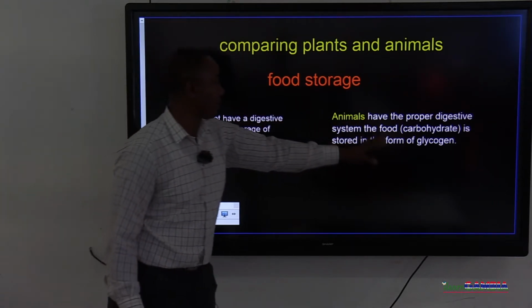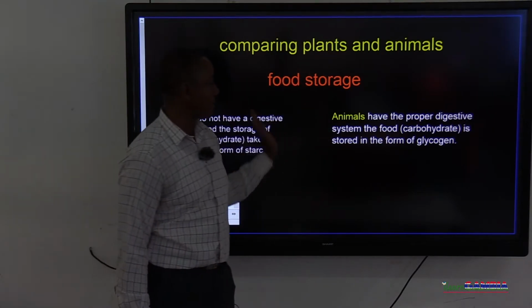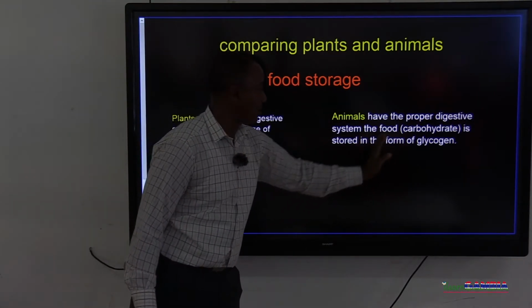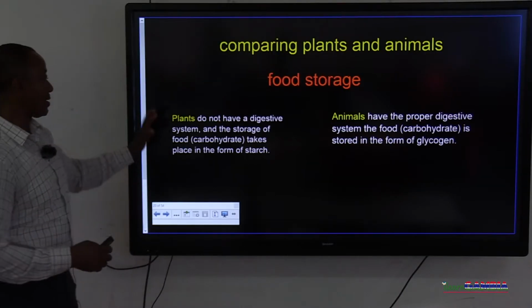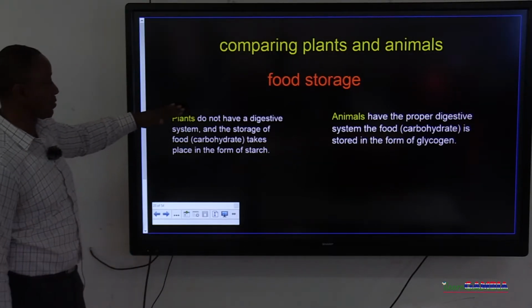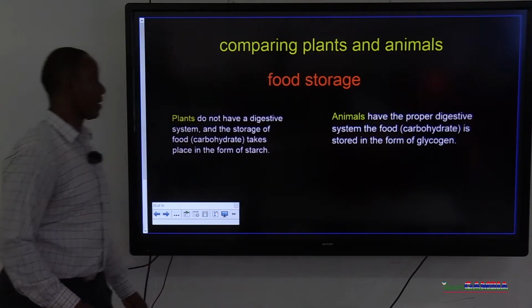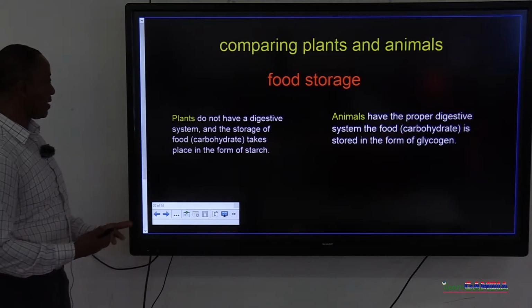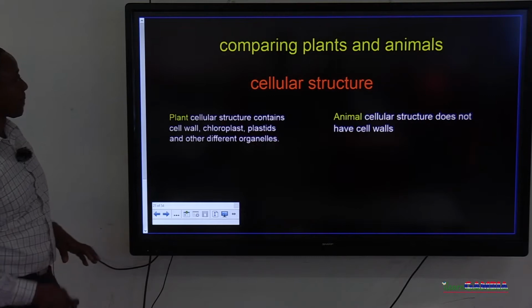But animals, on the other hand, have a proper digestive system, so they're able to convert the starch and bring it into a form that is called glycogen. So this is one basic difference. Plants store starch and animals store glycogen. But of course, both of these, starch and glycogen, are different forms of carbohydrate.